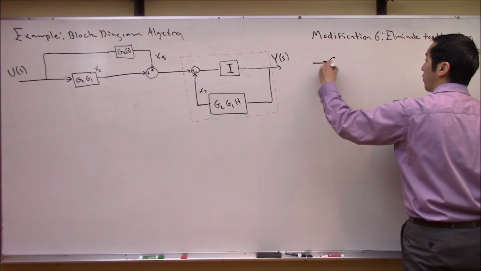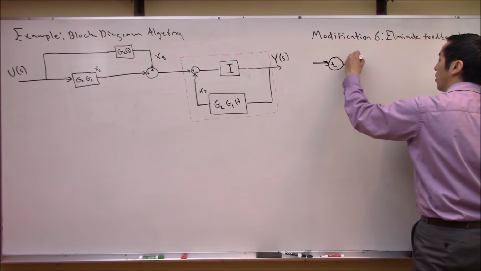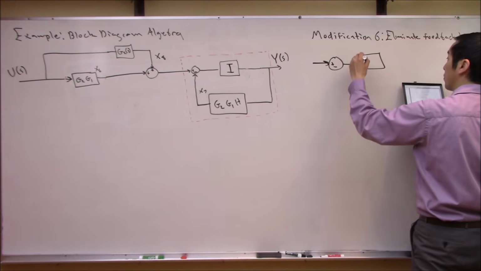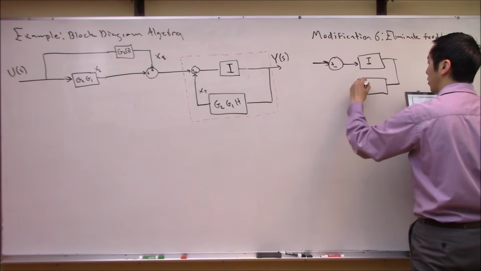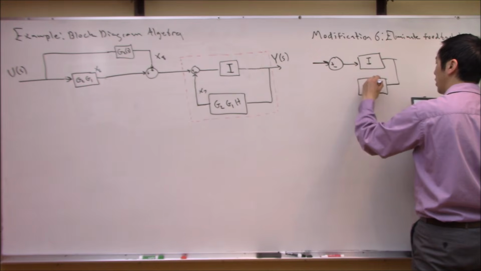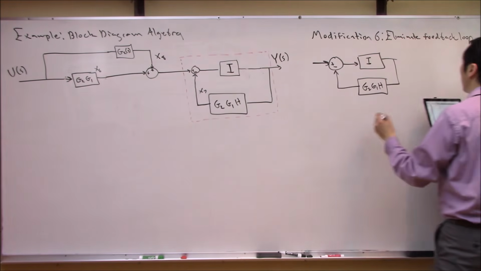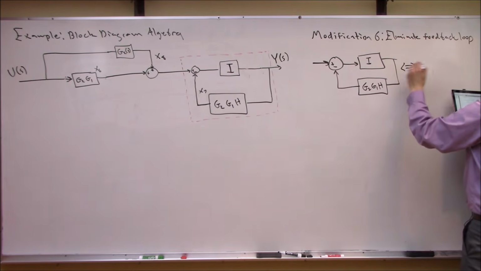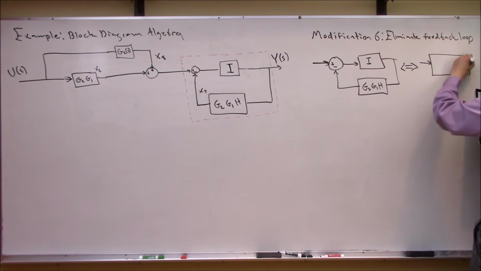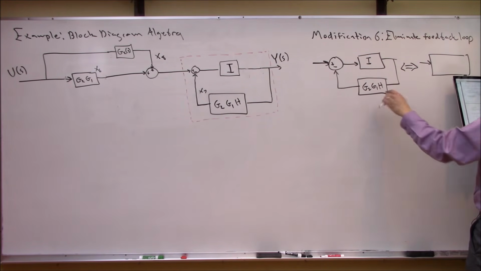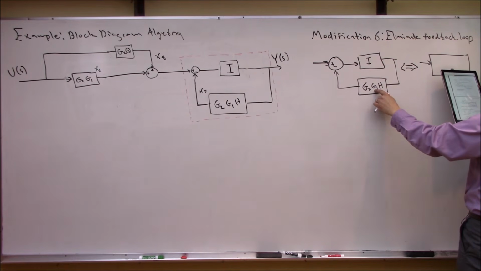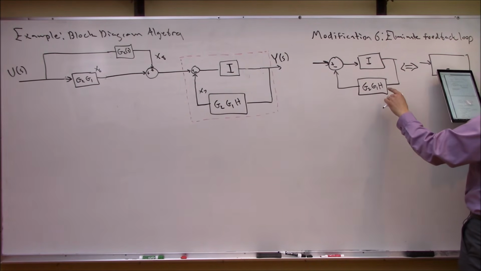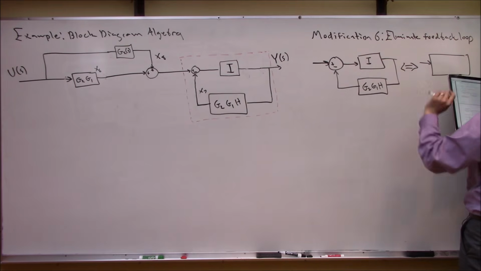Earlier you saw that if you had a feedback loop, I'm just redrawing a little section down there, G2, G1, H, we saw that this thing was exactly equivalent to a single block, where you had this thing, identity plus, G2, G1, H, inverse, times this.